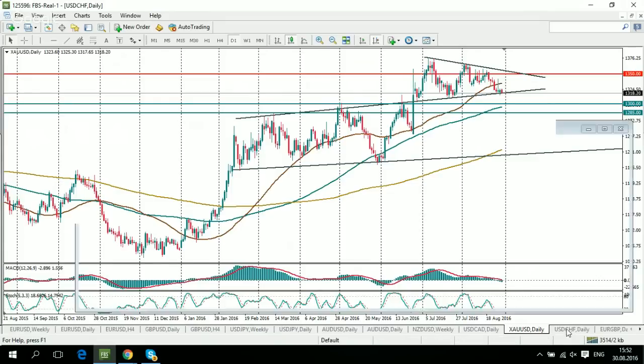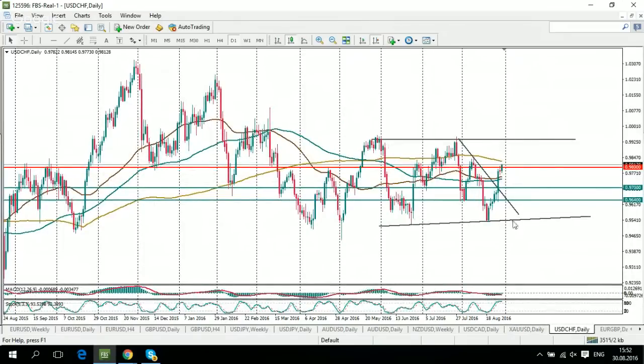And I have two more pairs. US dollar Swiss franc is rising in line with the fact that the euro dollar is falling. These two pairs have an inverse correlation. All in all, here we have a range and resistance at 0.9830.